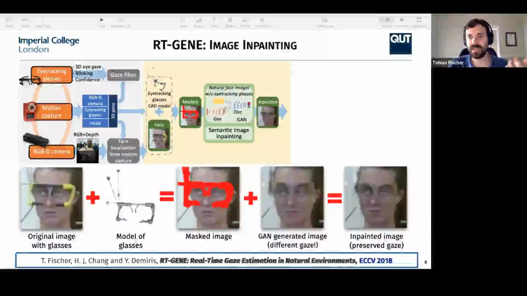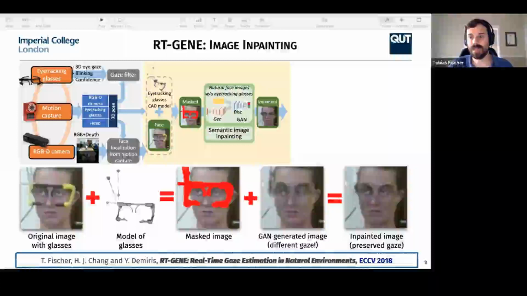So in this particular case, I asked the subjects to first look around while the glasses are being worn. So that gives you some images in one domain. And then for another couple of minutes, the subject is recorded in the same kind of environment without those glasses.